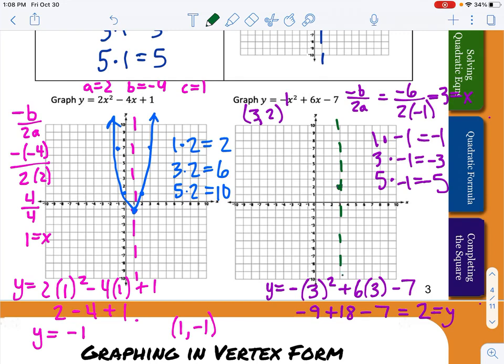And then we will graph over 1, and this time you have to go down 1 instead of up 1, symmetric. And then from these points, over 1 and down 3. And this time we can do the next one, over 1 and down 5. And we are good to go to draw in our parabola. So with the shortcut, this is actually pretty easy.